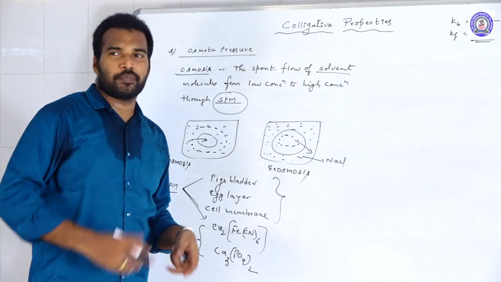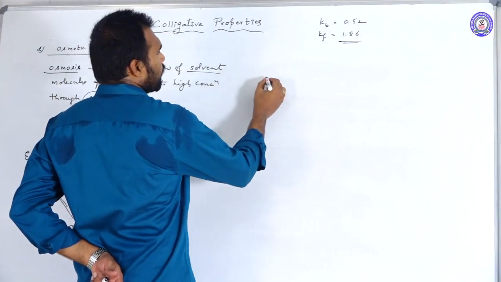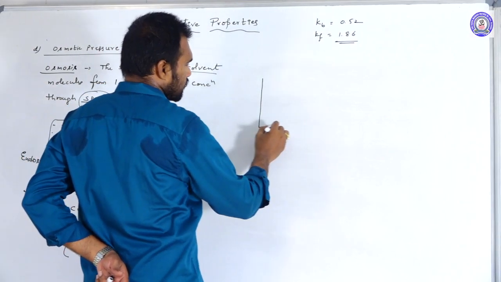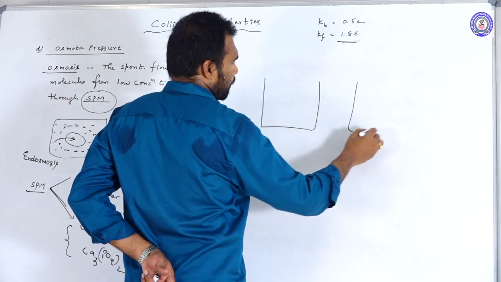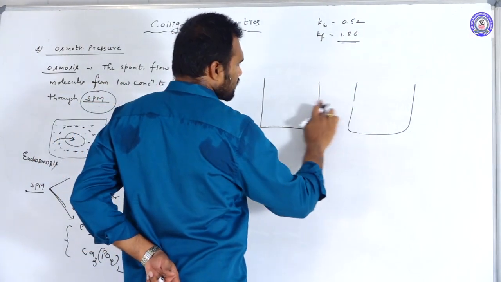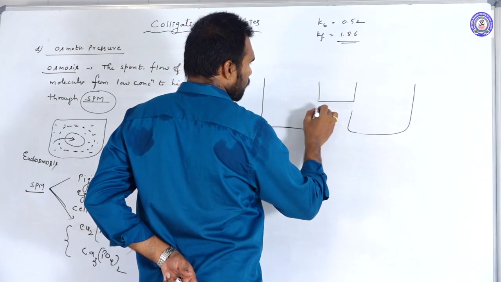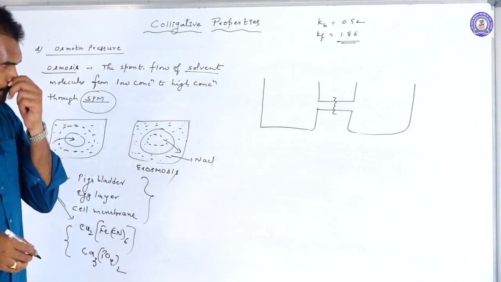Now you know osmosis. Now what is osmotic pressure? To understand osmotic pressure, I am taking two vessels. I am connecting them with a tube, and in the center of the tube I have used a semi-permeable membrane.